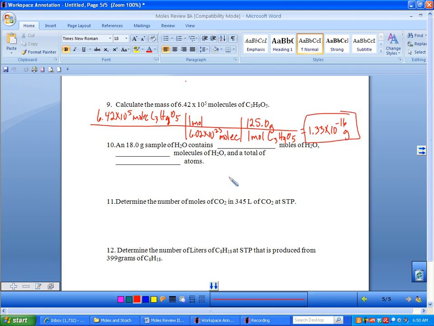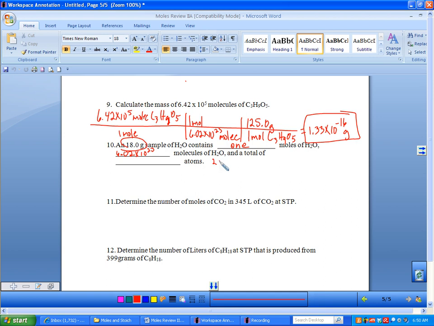Okay? Alright, an 18-gram sample of water. Well, that's 1 mole. How do I know? Well, I did the molar mass, and it comes out to 18 grams, so I have 1 mole. I have 6.02 times 10 to the 23rd molecules of water. And then they want to know the total number of atoms.